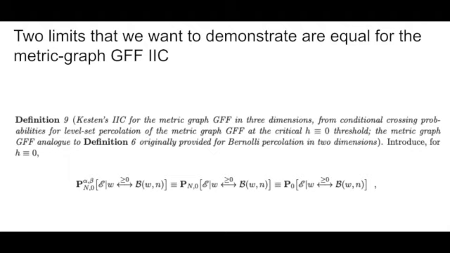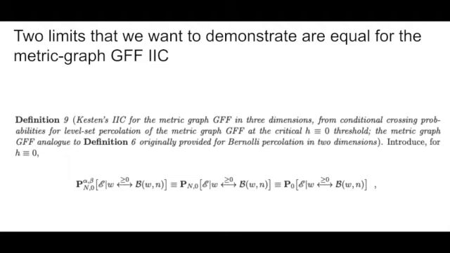And in the conditioning, we want the crossing event between W and the boundary of B(W, n) to occur across the height greater than or equal to 0.